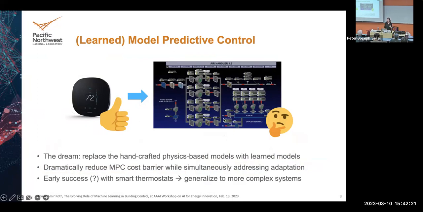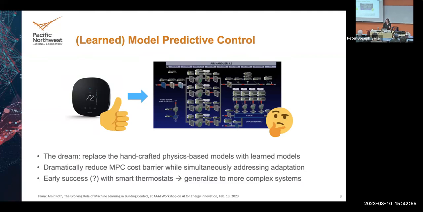We talk about controlling these very complex heating, ventilation, and cooling systems that have multiple layers of complexity. There are many different types of equipment there that have their own internal control policies. And our goal is to co-optimize the operation of all of these systems simultaneously to maximize their efficiency and therefore reduce the cost of operation.